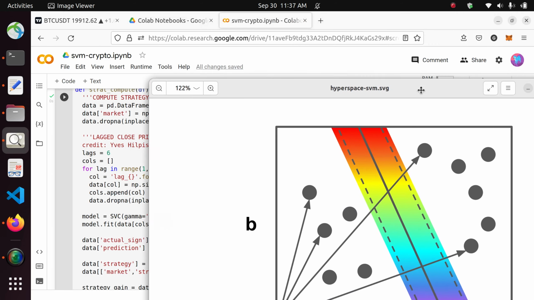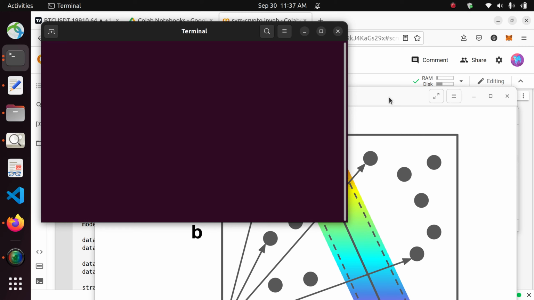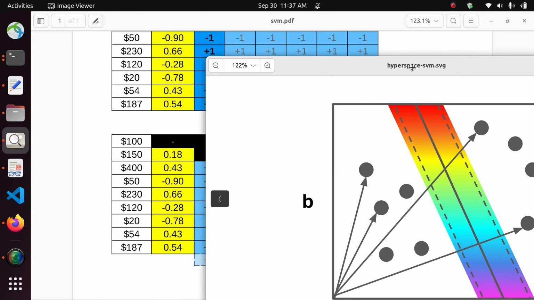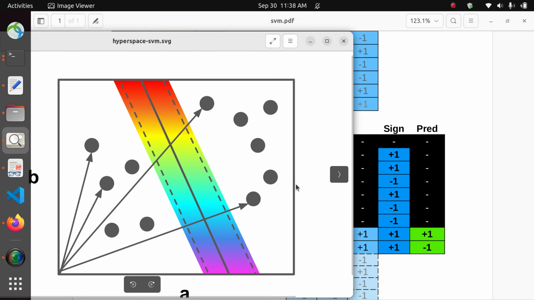And so what we were looking at before is really these signs. They could be either +1 or -1.